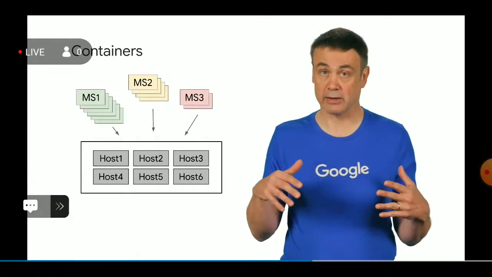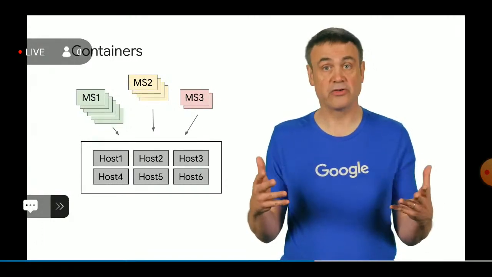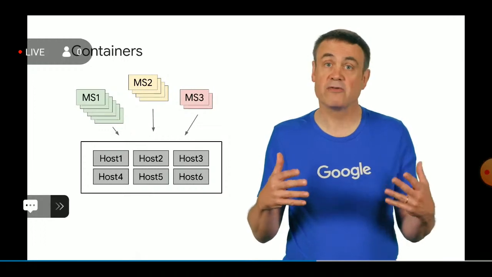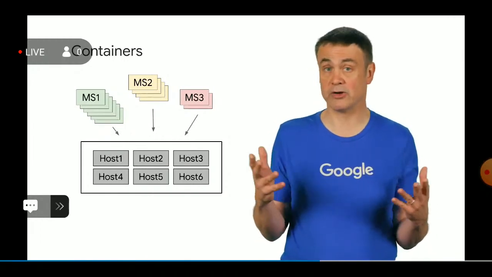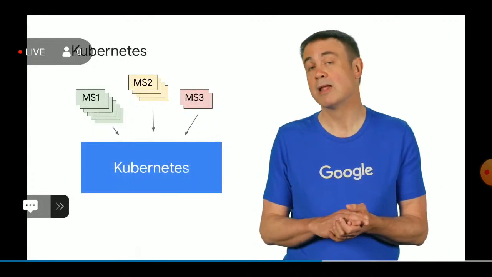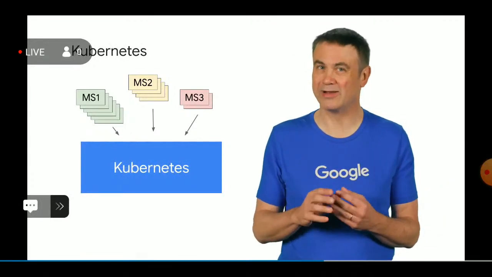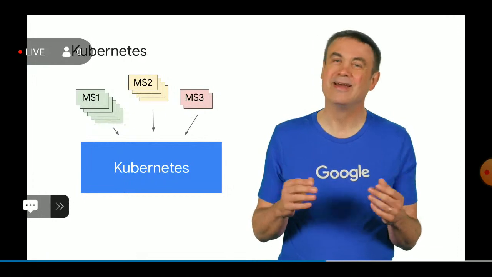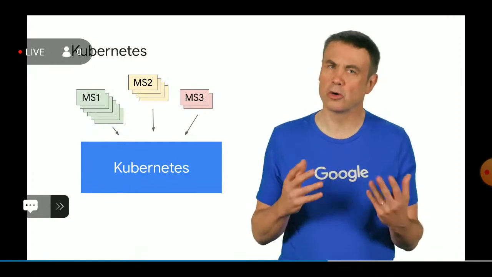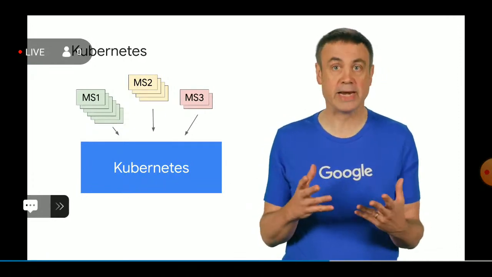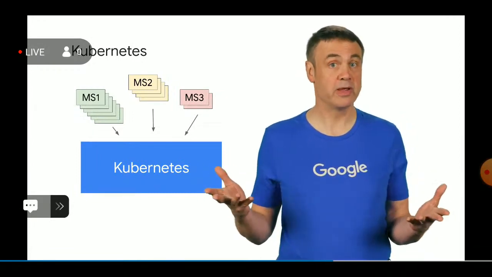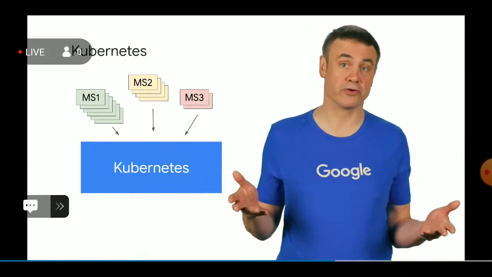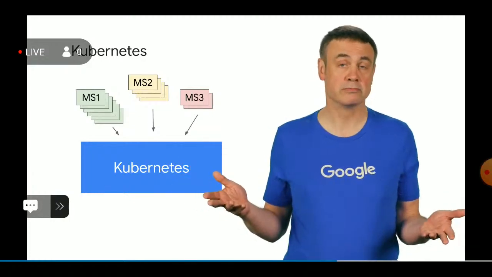And the host can scale up and down and start and stop containers as demand for your application changes, or even as hosts fail and are replaced. A tool that helps you do this well is Kubernetes. Kubernetes makes it easy to orchestrate many containers on many hosts, scale them, roll out new versions of them, and even roll back to the old version if things go wrong.